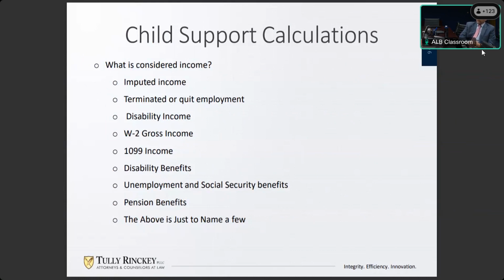They say, well, I want child support. Kids are in school. I'm sitting home all day. I've been doing that. The court's going to say to that person, you're going to have to look for employment. You're going to have to look for a job. You just can't stay home. And they could impute income to that person also.